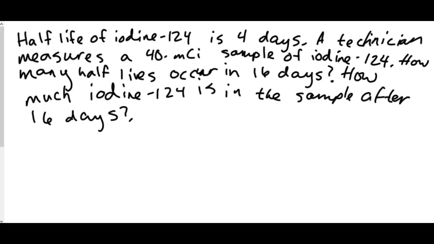A technician measures a 40 MCI sample of iodine 124. How many half-lives occur in 16 days? How much iodine 124 is in the sample after 16 days? So if our half-life is every 4 days, that means we have 1 half-life for the first 4 days.